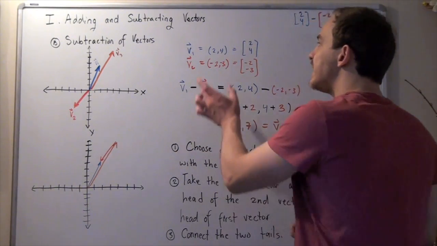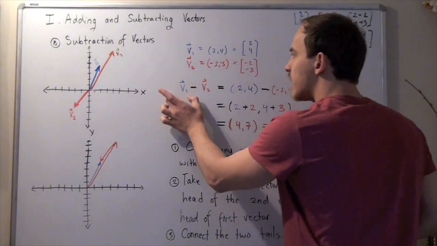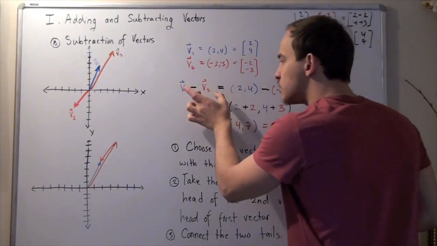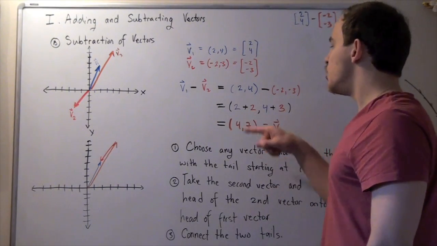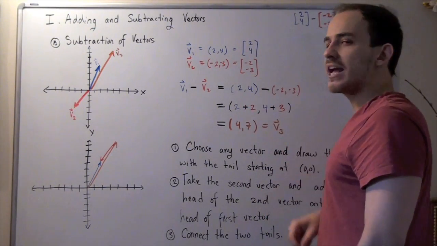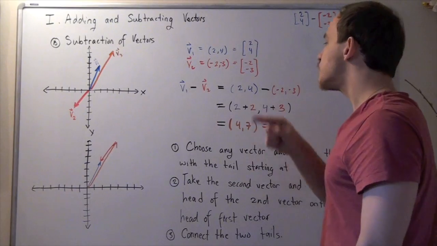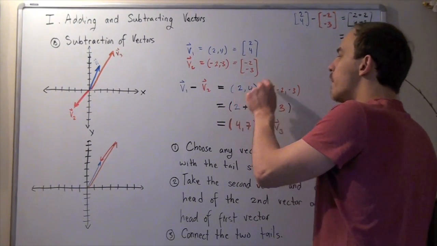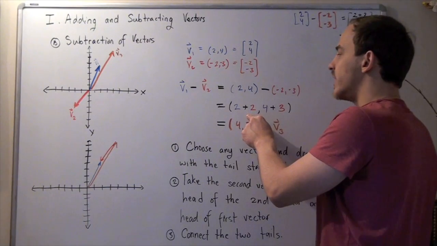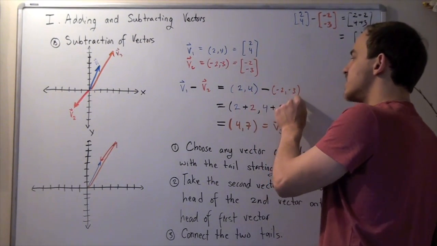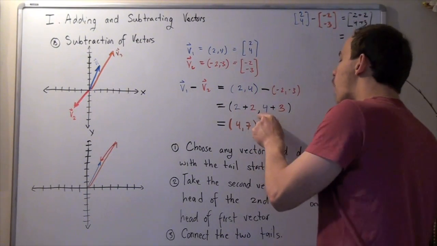So first we take our point and plug it into this vector, and take this point and plug it into this vector, and we get this result. Now, notice that instead of adding our x and y coordinates, now we're subtracting them. So 2 minus -2 will give us the new x coordinate, and 4 minus -3 will give us the new y coordinate.